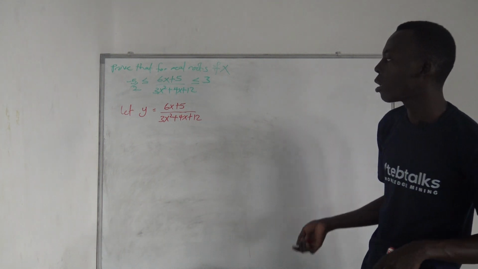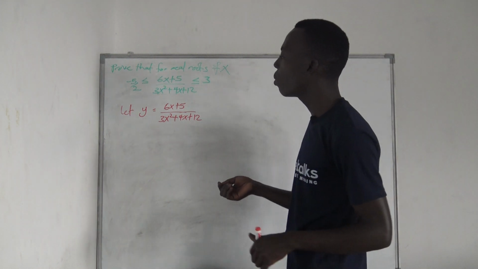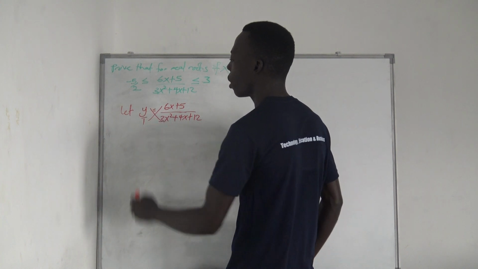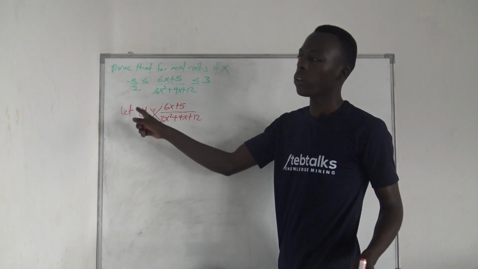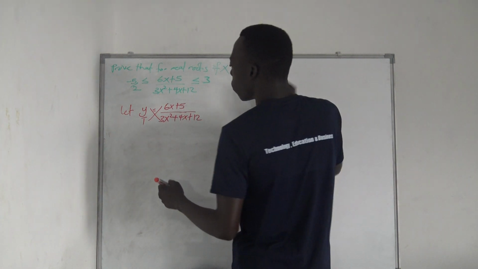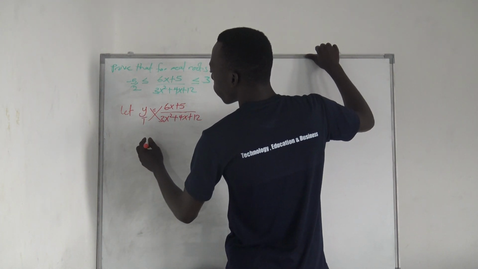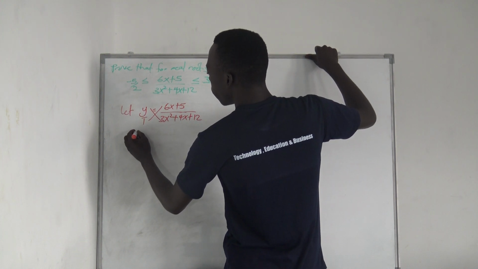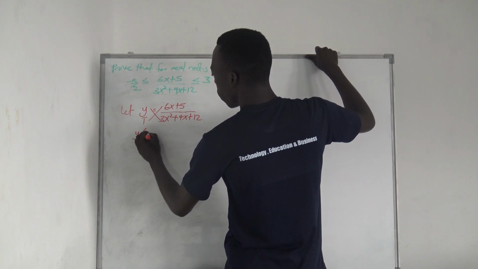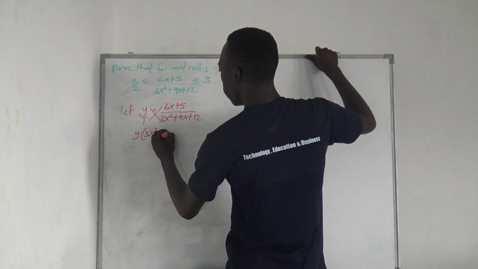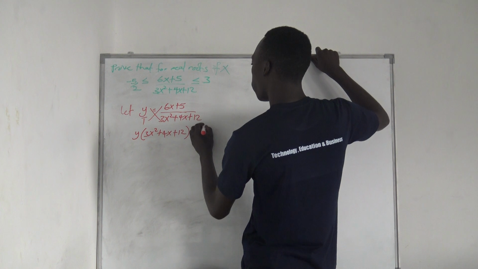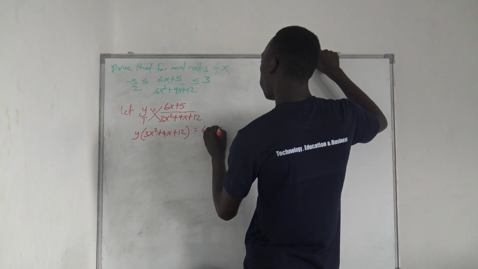Then what is the next thing? Since we have a fraction like this, we must multiply. So multiplying, it becomes y times (3x² + 4x + 12) equals 6x + 5.